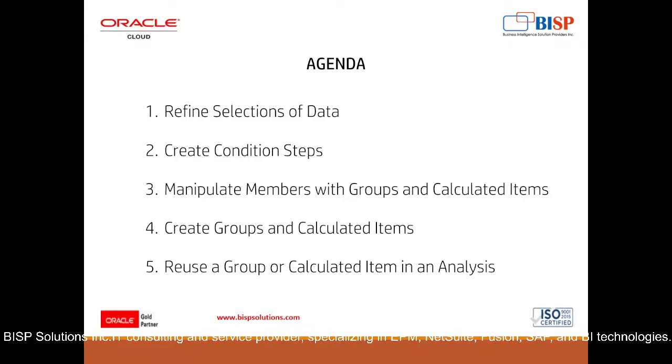So let's see what is refined selection of data. As you specify which data member is to include in an analysis, you create selection of data from this data source. Each selection specifies the criteria of a set of members for a particular column, such as product or geography. Each selection consists of one or more steps.